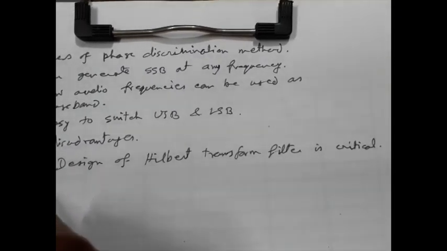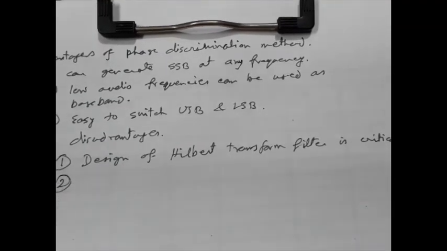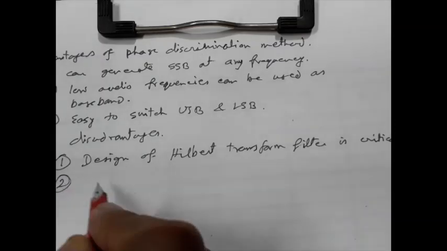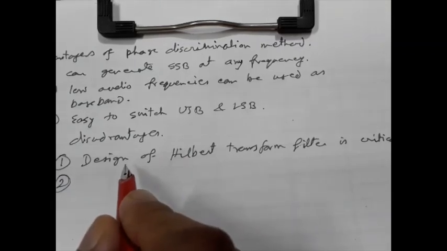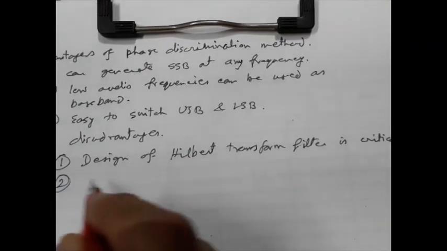Also, the second point, the network has to provide a correct phase shift of 90 degree at all the modulating frequencies, and that is practically difficult to achieve. So that is also the main problem associated with this whole system, the Hilbert transform filter.